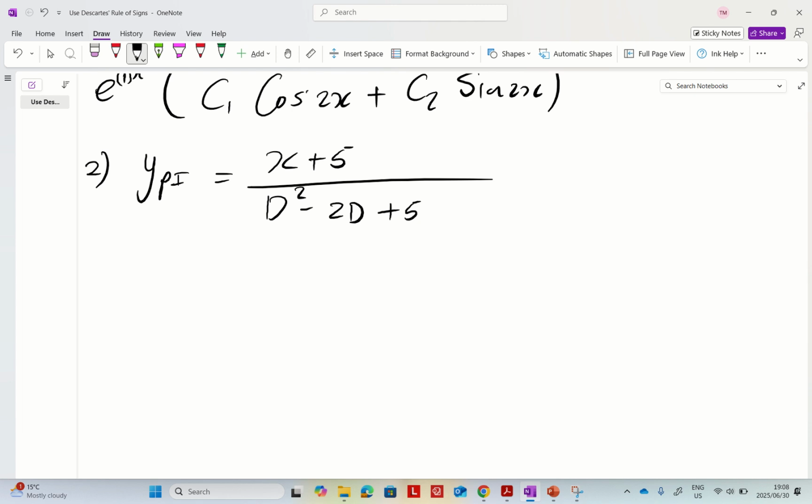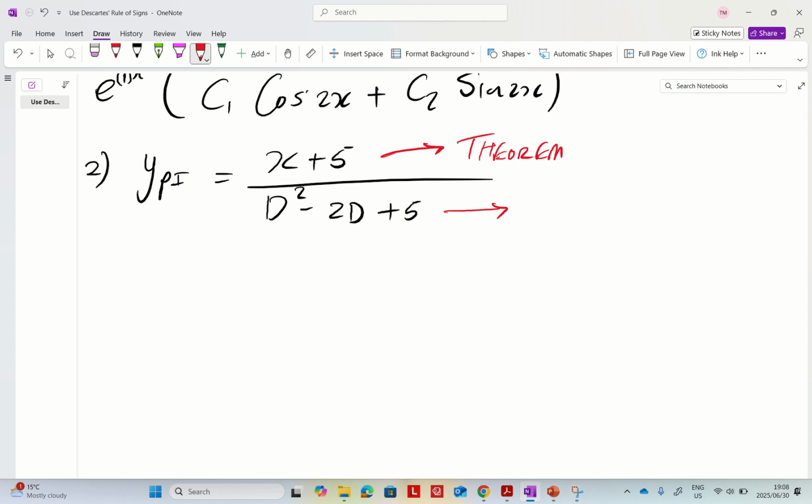I can tell you now for free, guys. If you look at this guy, your YPI, it's not a quadratic, because if you look at the denominator, I always told you, the denominator doesn't matter. The denominator just tells you that you need to use the operator method, and the numerator is the one that decides which theorem you must use.